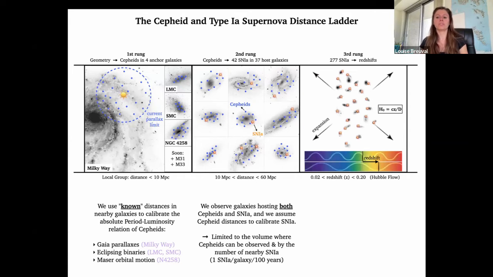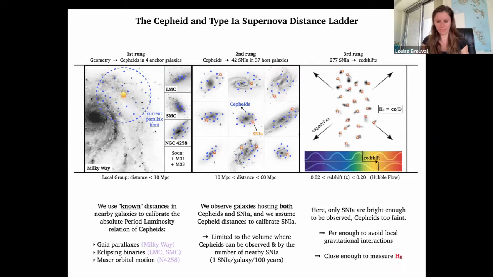And then finally, you move on to the last rung, where we observe the supernovae, but the Cepheids are too faint at this distance. You cannot observe them anymore. So this regime has to be far enough to avoid local gravitational interactions. For example, the galaxies in the first rung, in the Local Group, are dominated by interactions. But if you look far enough, what you're really observing is the expansion of the universe.